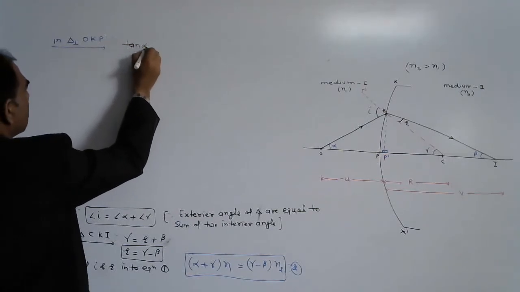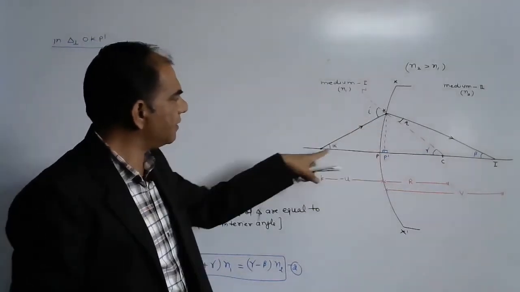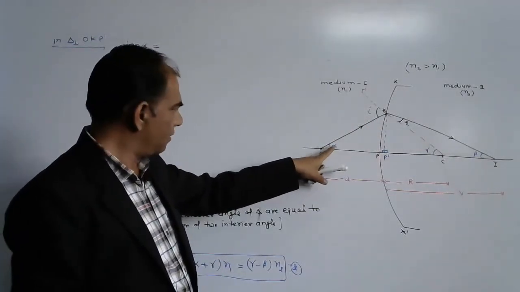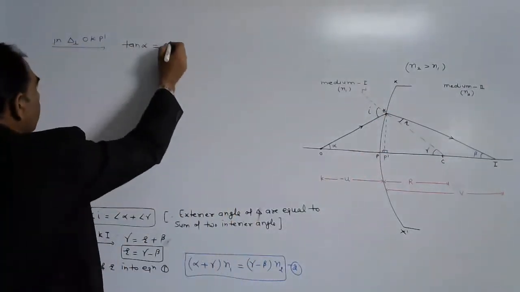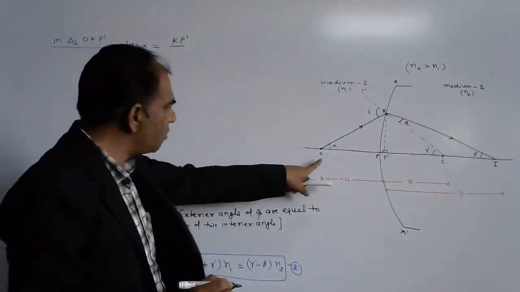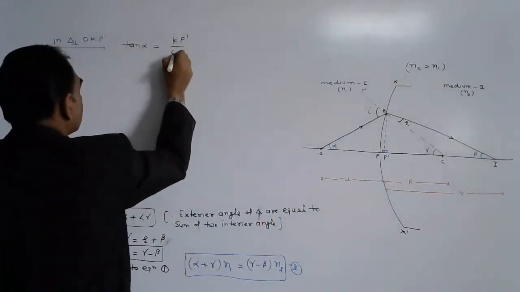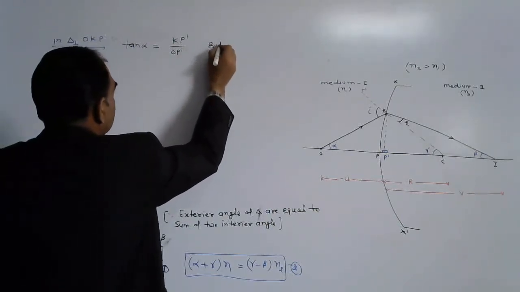Tangent of alpha is equal to, this is the angle alpha and this is the right angle triangle. Tan alpha means the opposite side of this angle is the perpendicular, KP dash, upon the base, OP dash. We write here OP dash.